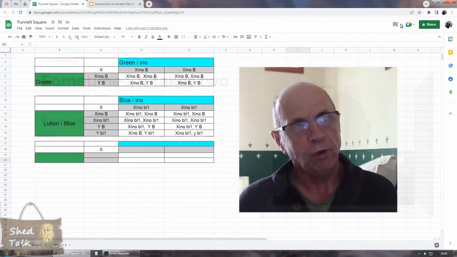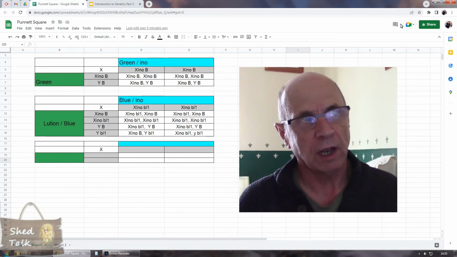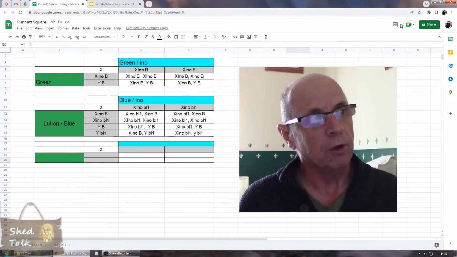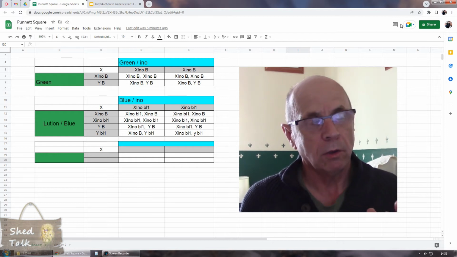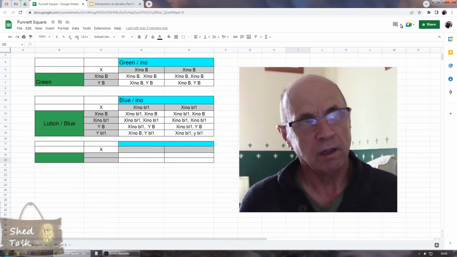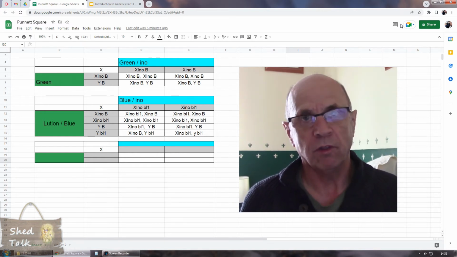So here are two Punnett squares representing two different crosses, and we'll start off looking at the top one, where we've got a green split INO cockbird, and a normal green hen. So if we look at these two birds, the genes we're interested in are obviously the blue gene and also the INO gene.